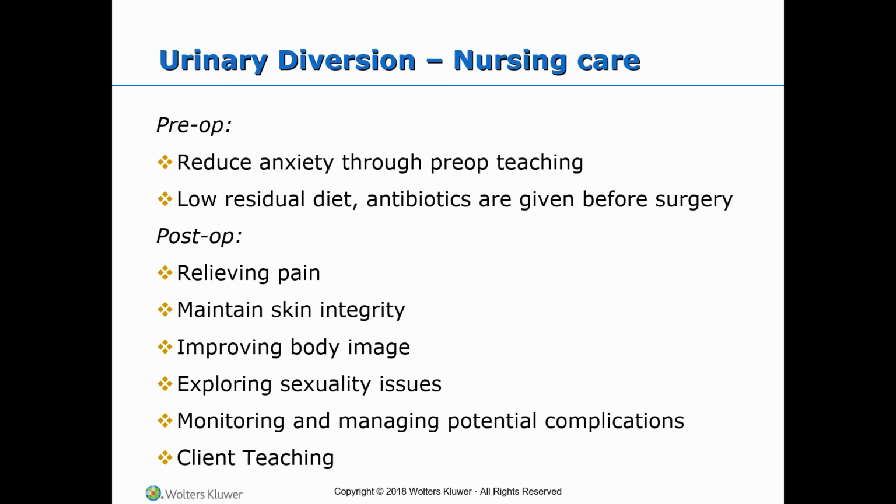Postoperatively, monitor vital signs, lab results, hourly urine output and characteristics. Report hourly urine output of less than 30 ml per hour. Report cloudy urine. Urine may be red or pink initially, that is expected, but must fade to a slight pink and clear by the third post-op day. Administer pain medications and antispasmodic medications as necessary.